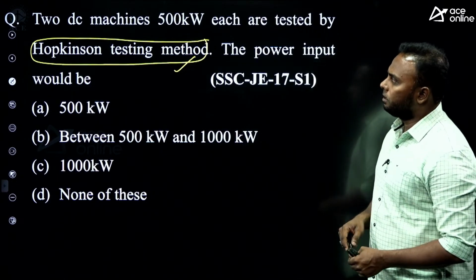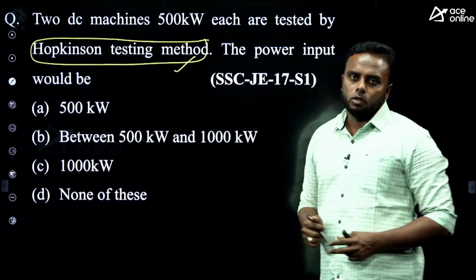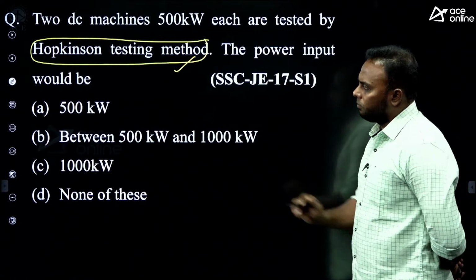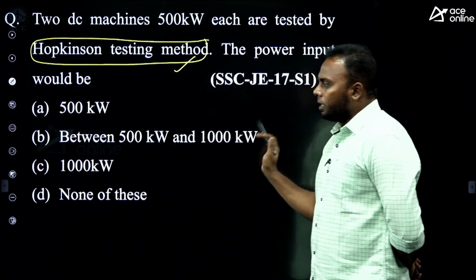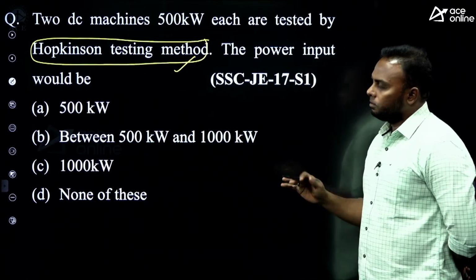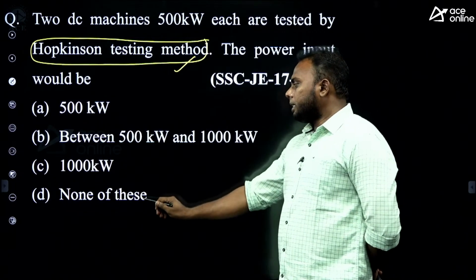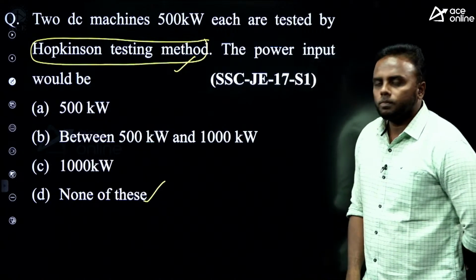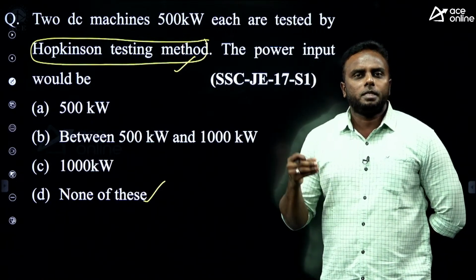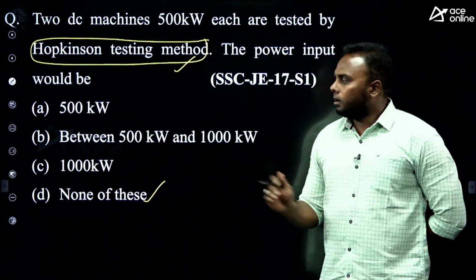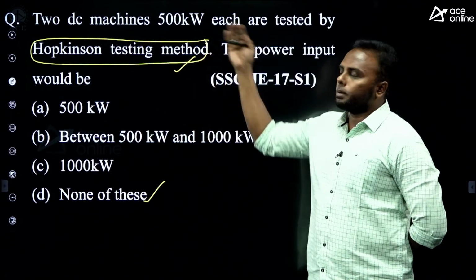So if you see the options here, each one is 500 kilowatt. Then how much power input is required under this condition? 500 kilowatt, between 500 and 1000 kilowatt, none of these. So tell me the answer. Yes, it is none of these. Why? Because it is a small power, maybe some 20, 30 or 5% approximately, but not this much. 500 kilowatt is the capacity.